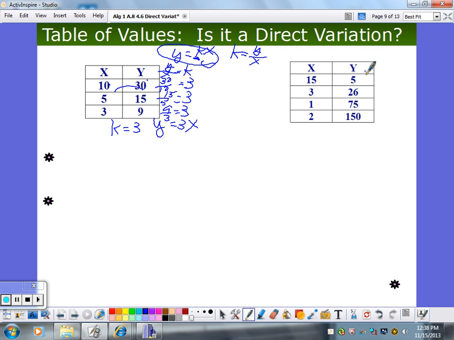Let's see if this one is a direct variation. Let's find k. What's 5 over 15? 1/3? Right? 5 over 15 is 1/3. 26 over 3 is 26 over 3. 75 over 1 is 75. 150 over 2 is also 75. Is this a direct variation? No, why not?